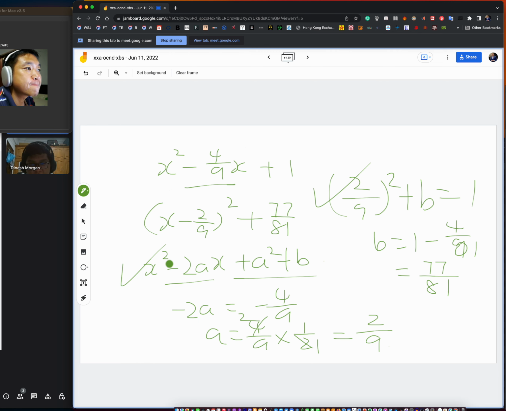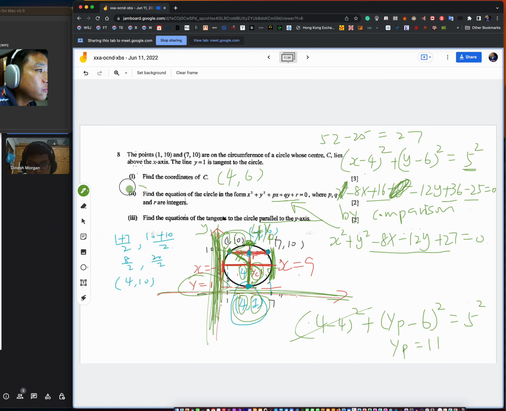So hopefully you see how, for part 2, I did not use completing square, but still managed to use by comparison to get the P, the Q, and the R.